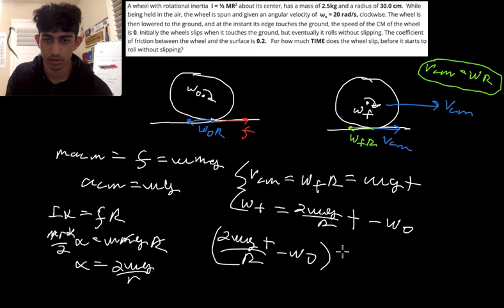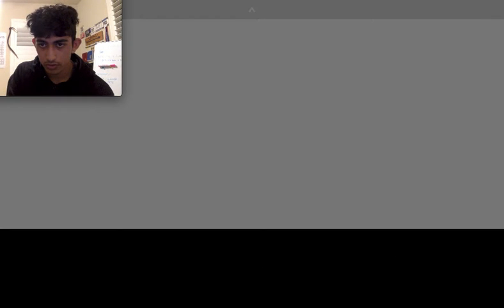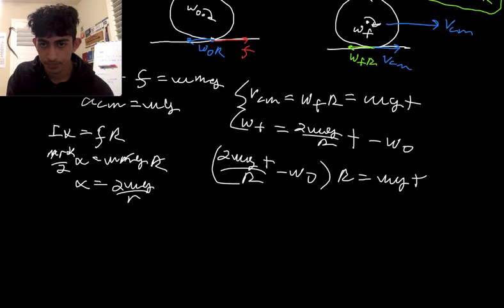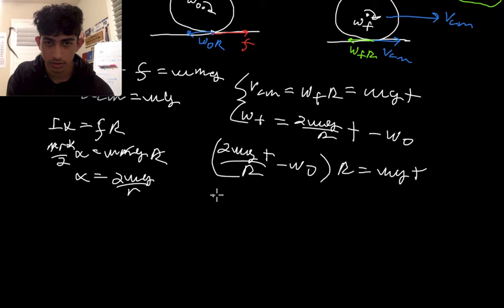So r is equal to mu gt. Let me just scroll the clock. 2 mu gt minus omega naught r is equal to mu gt.